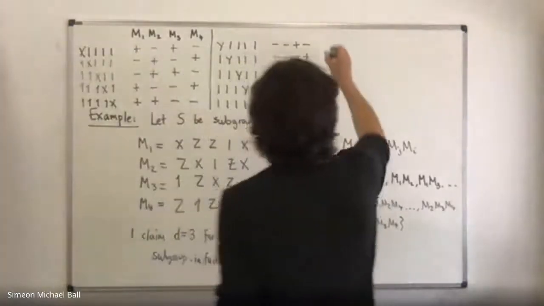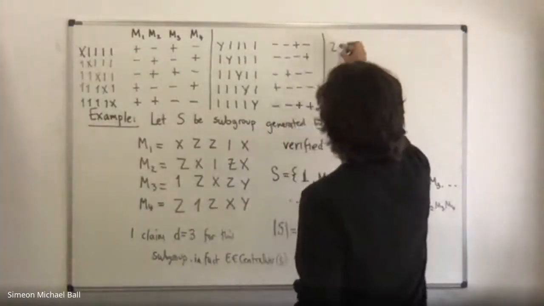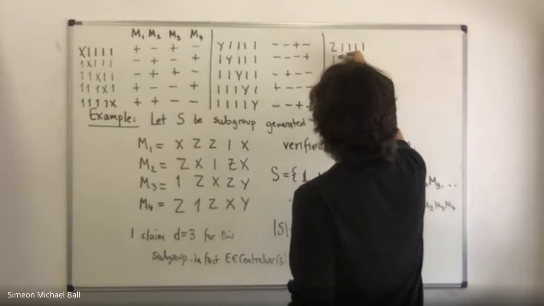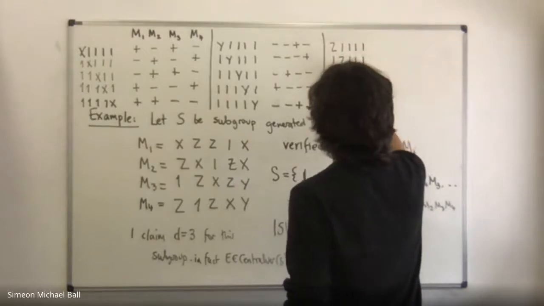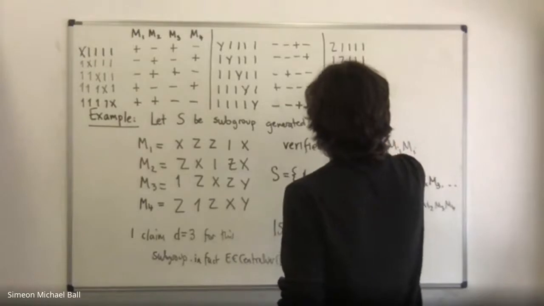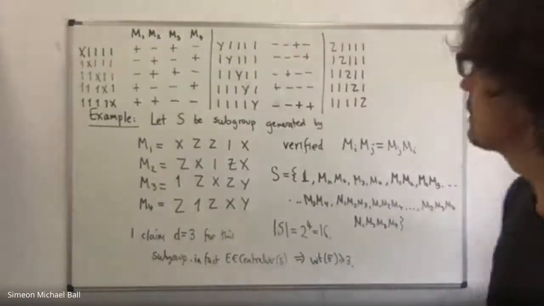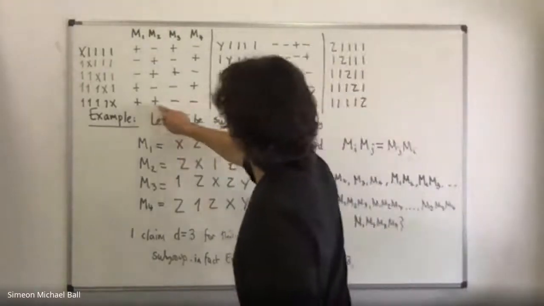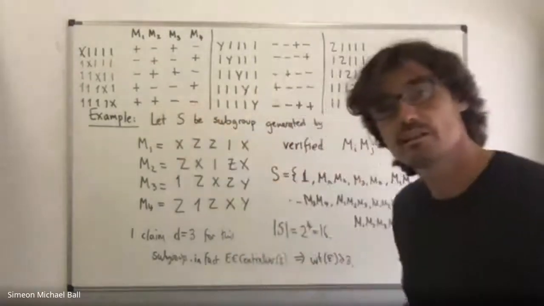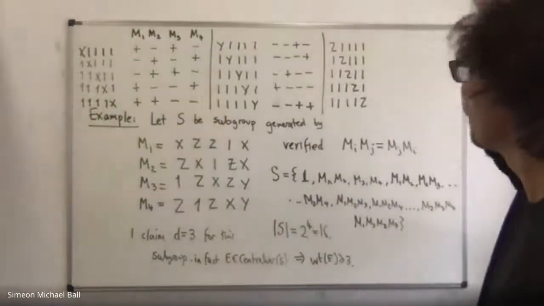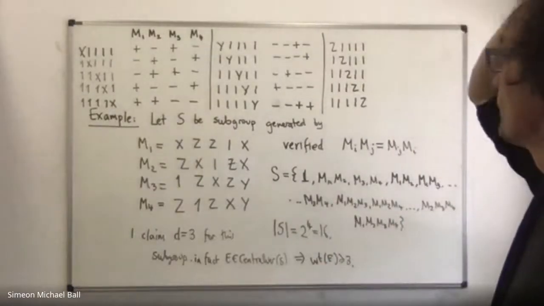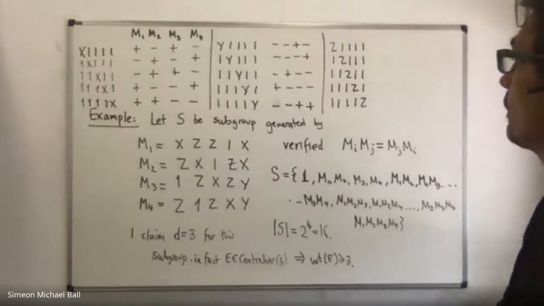And finally, for the Z's, what you should be seeing here is that all of my syndromes, so these are called the syndromes, this sequence of pluses and minuses, they're all different. They're all different for each different error.